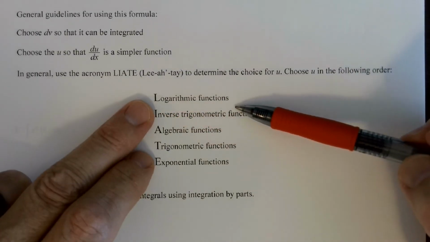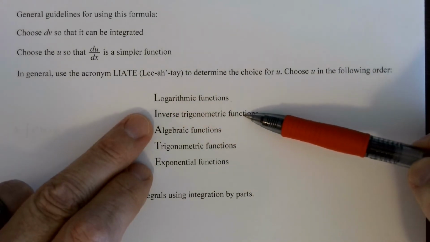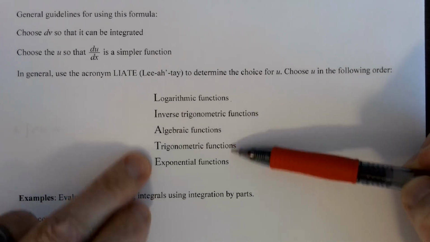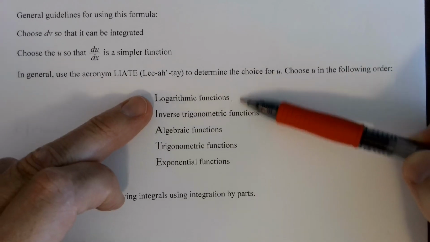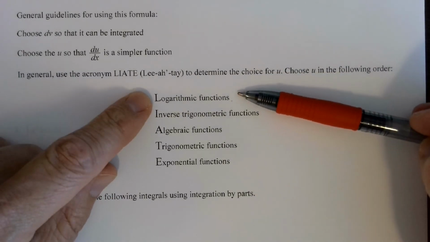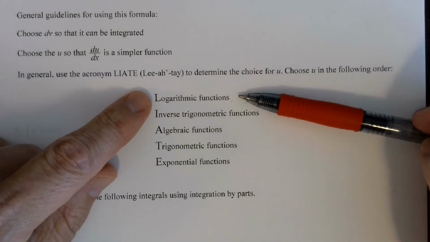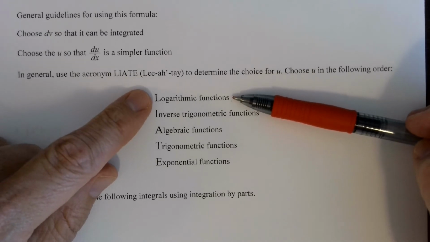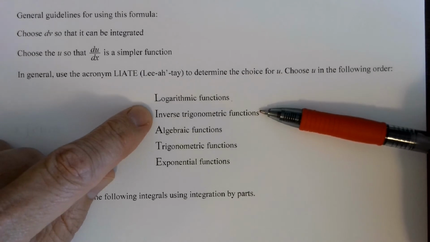What does that stand for? L stands for log functions. I is inverse trig functions. A is algebraic. T is trig. E is exponential. This is the order you would choose. In other words, if you see a log function, typically that's the best choice for you. Let u be the function involving the logarithm. If there's no logarithm, next, is there an inverse trig function? Inverse sine, inverse cosine, inverse tangent?